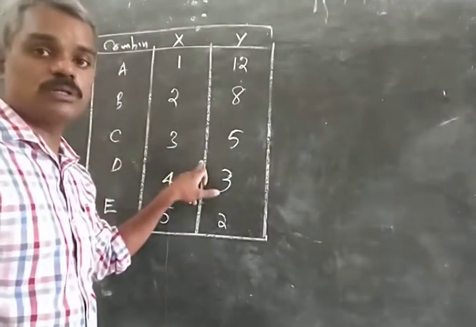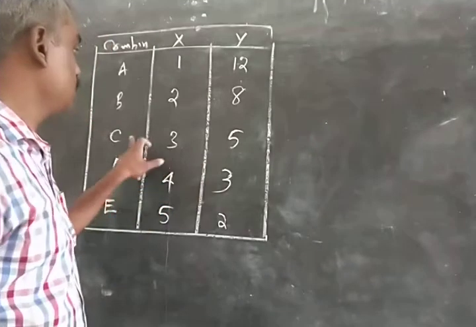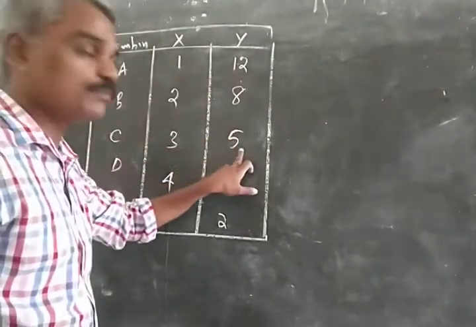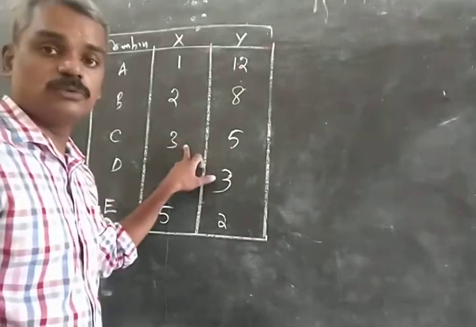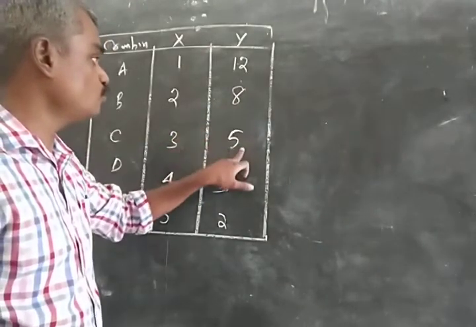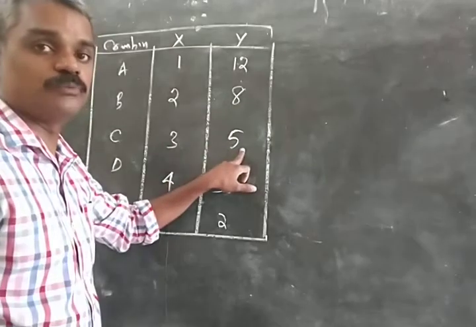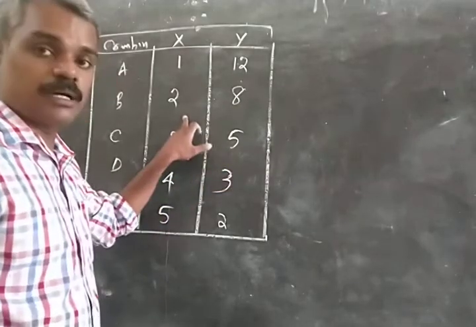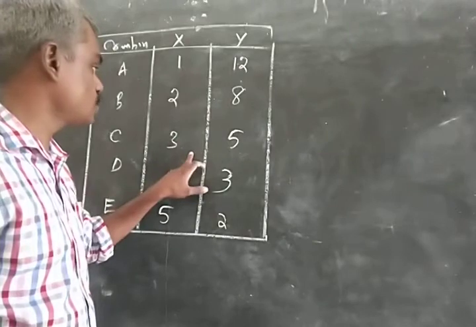Similarly, when he moves on to combination C, the number of Y falls to 5, but the number of X rises to 3. So the loss in satisfaction due to the fall in Y is compensated by an increase in X.